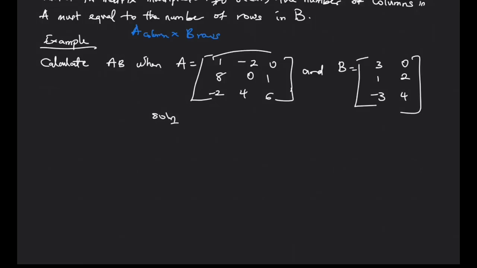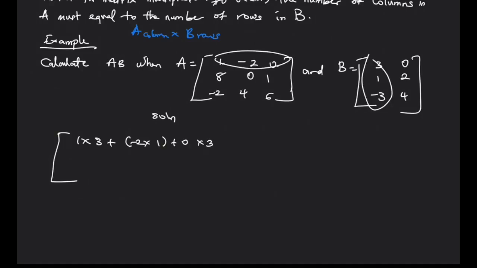This is A. The column in A times this. So that's what we're going to do. So actually, let's get to business now. So that means this times this, right? So that means 1 times 3 plus minus 2 times 1 plus 0 times 3.